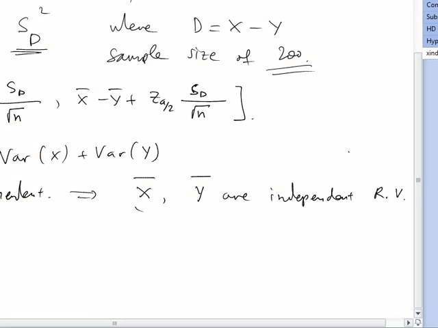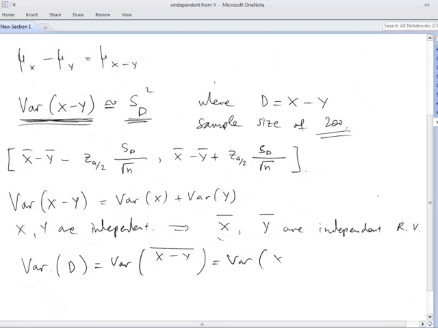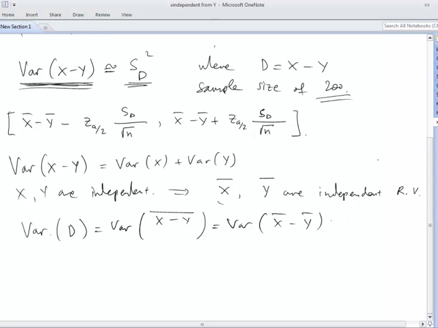So the variance of X bar minus Y bar, those sample averages, is equal to the variance of X bar, because of independence, plus the variance of Y bar.